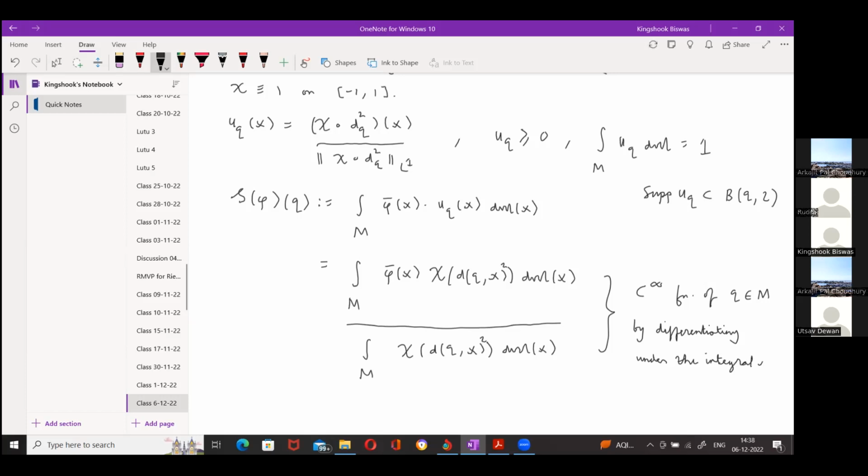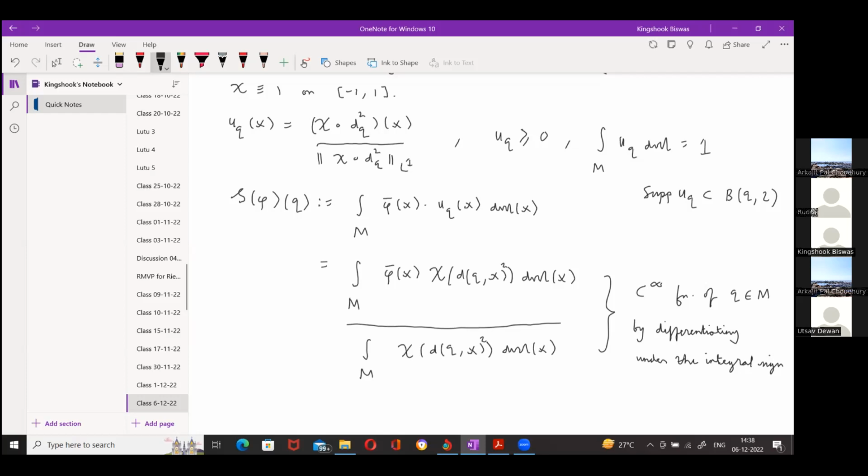Okay. So even though it's not exactly a convolution, it has the same effect as a convolution in that it smoothens the function phi bar, right? So we get a smooth function S phi. And not only that, the support of this u sub Q is still contained inside the ball of radius 2.